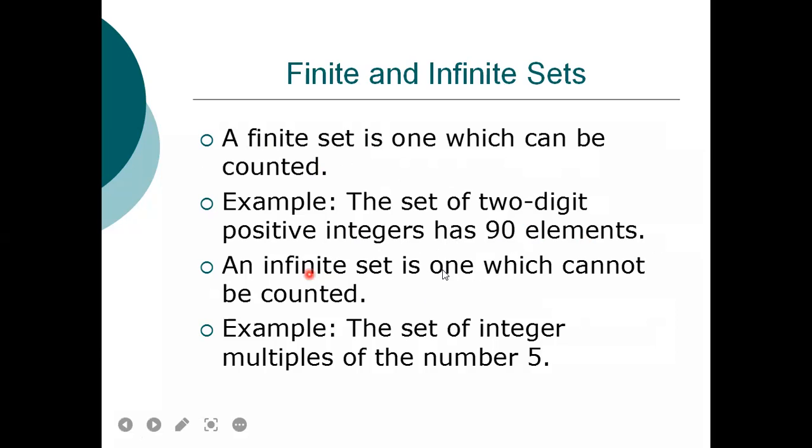An infinite set is one which cannot be counted, that means it has uncountable elements. For example, the set of integer multiples of the number 5: 5, 10, 15, 20, and so on can never be finished. So this is an example of an infinite set.